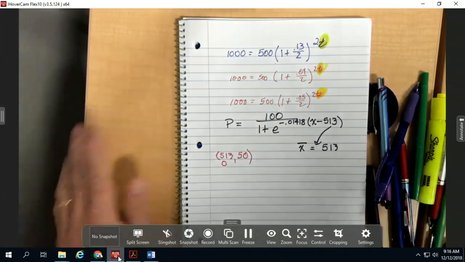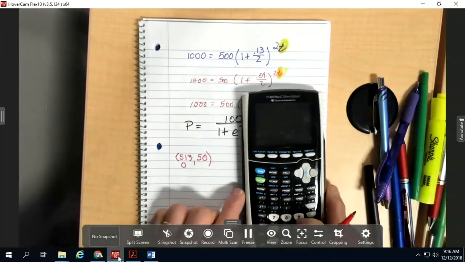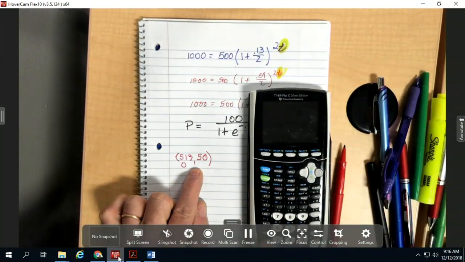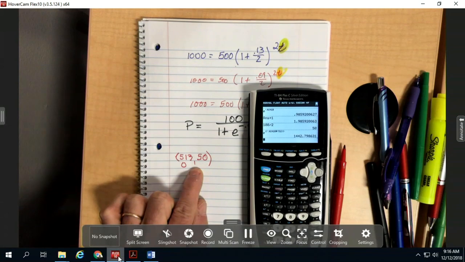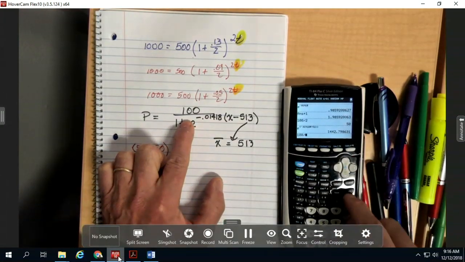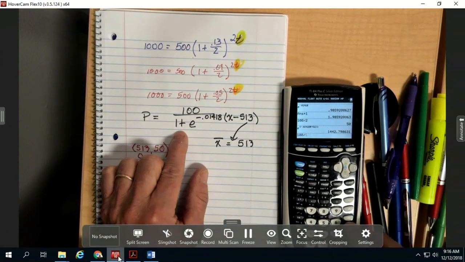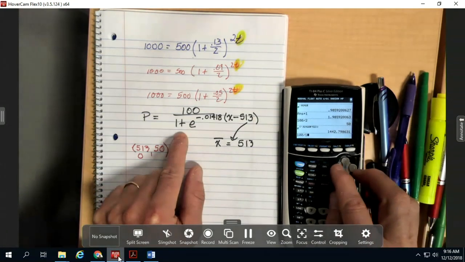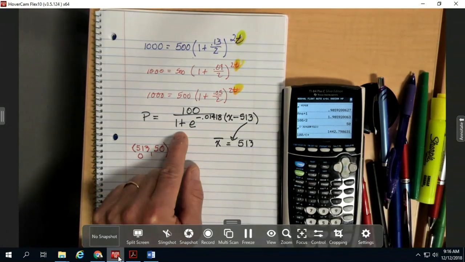Now, let's say that we had a score of 0. So let's, on our graphing calculator, figure out what our percentile would be. So we would take, according to our formula, 100 divided by parentheses 1 plus, I forgot to put in parentheses.